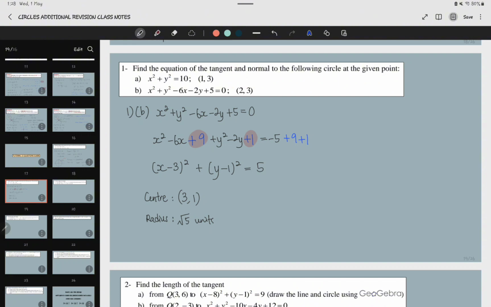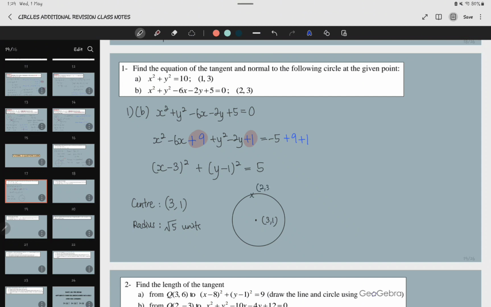Okay, now we want the normal. So the gradient of the normal would be from that point 2, 3. Okay, same, you have to test. Is 2, 3 on the circle, inside the circle, or outside the circle? Draw a circle, center 3, 1, test 2, 3. Substitute into your value. You will notice that 2, 3 is on the circle.